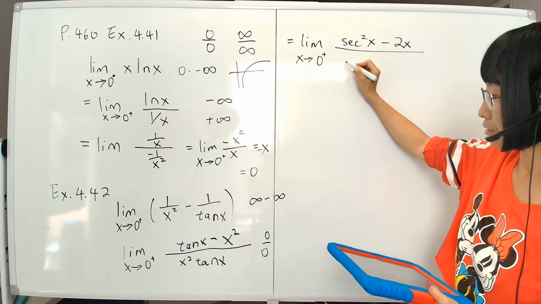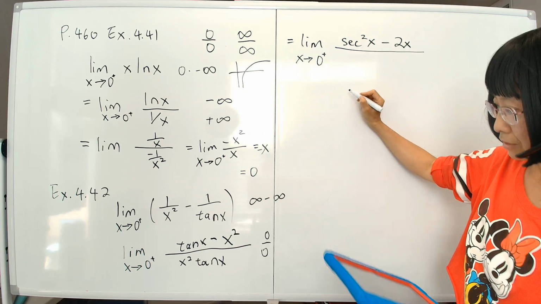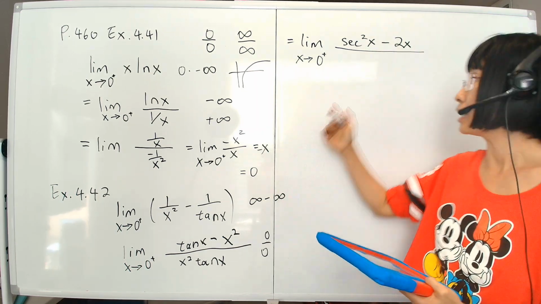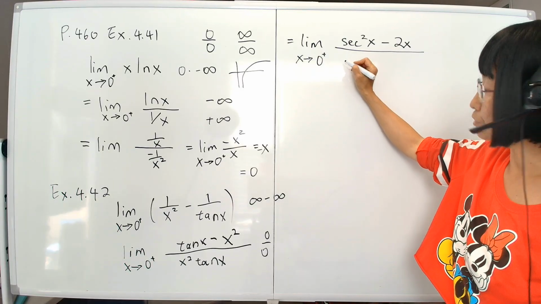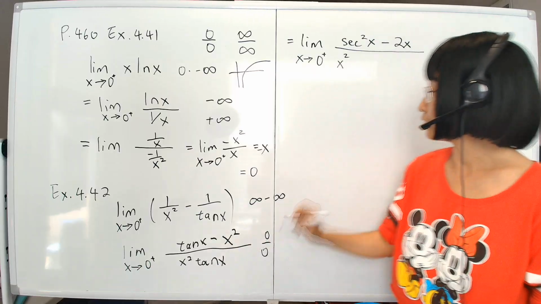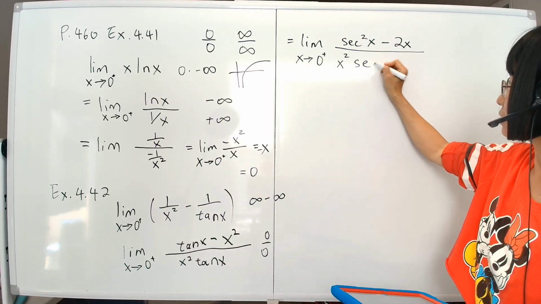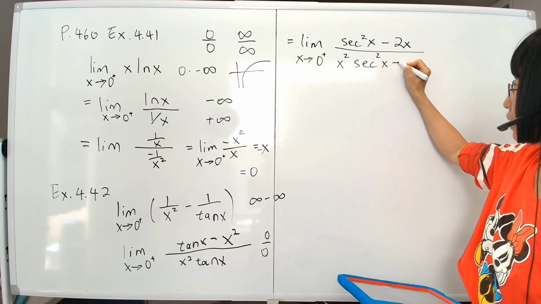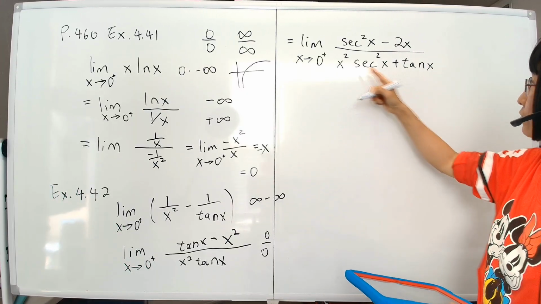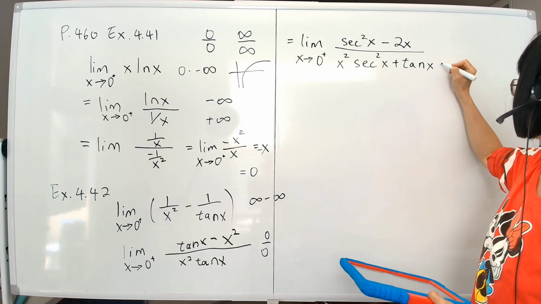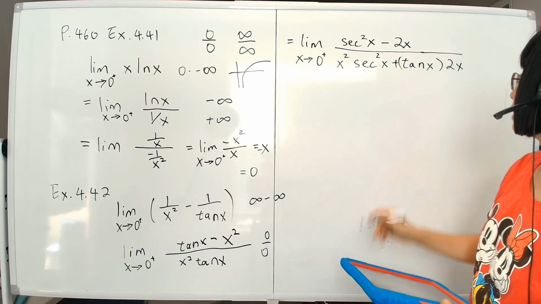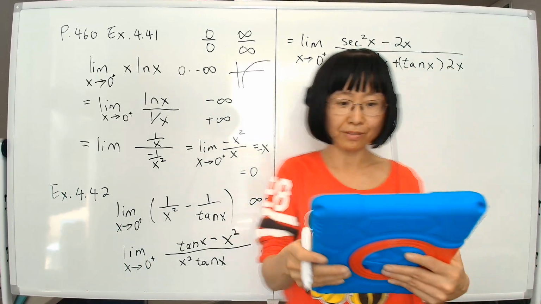And the bottom is x squared tangent x. That's a multiplication, so we need to do the product rule. We'll do x squared, the first term times the derivative of the second, which is secant squared, plus the second term, tangent x times the derivative of the first, which is 2x. And that is the derivative.